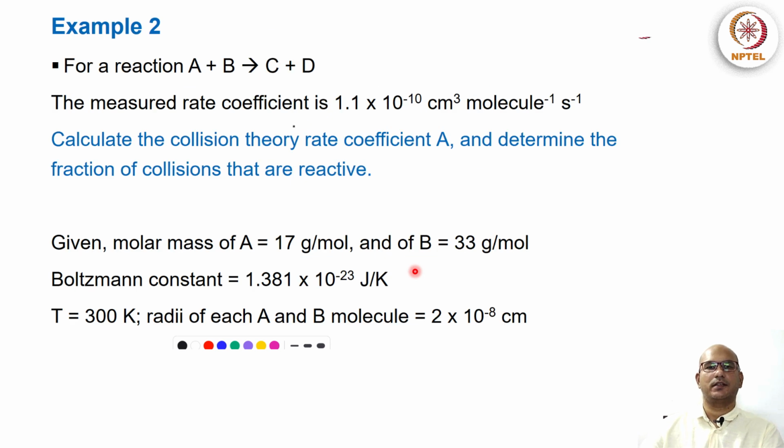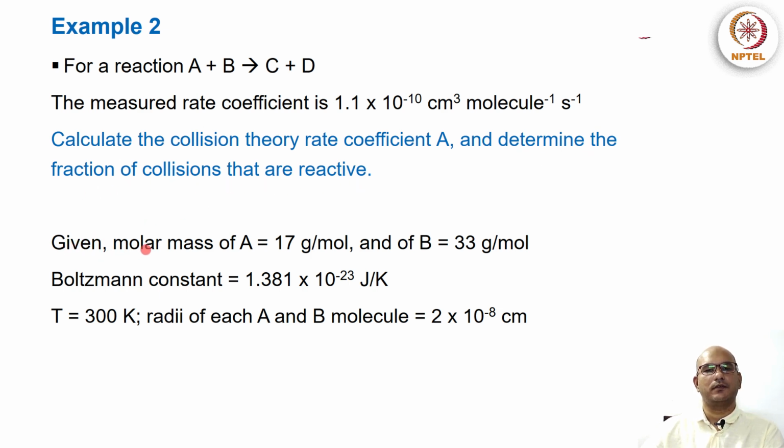Now let's look at the next question. We have a reaction A plus B gives C plus D, and the measured rate coefficient is 1.1 into 10 to power minus 10 centimeter cube per molecule per second. The question is to calculate the collision theory rate coefficient and then determine the fraction of collisions that are reactive.